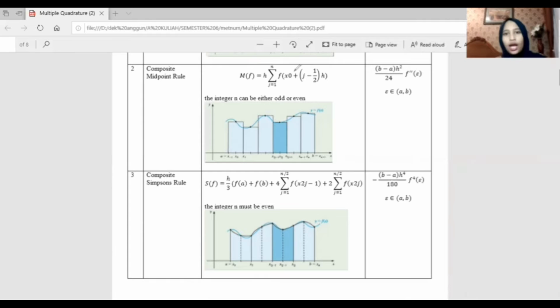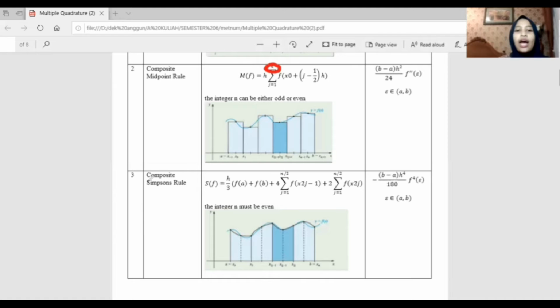And remember, the integer N in this can be either odd or even. We can also find the estimate error with (b minus a) times h squared over 24 times the second derivative of epsilon, where epsilon is an element of a and b.